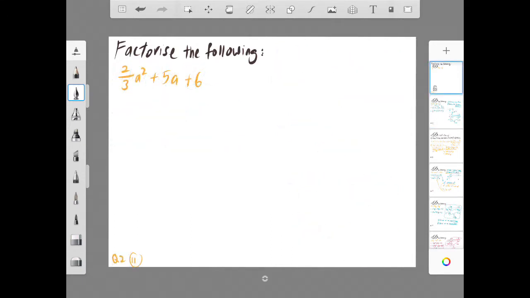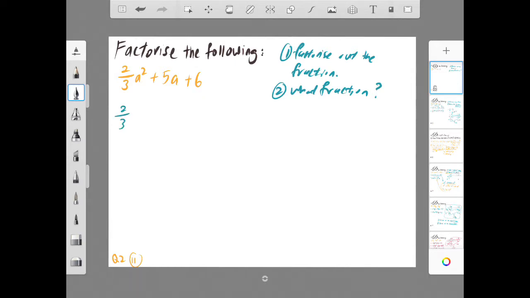Let us read the second question together. Factorize the following: 2/3 a squared plus 5a plus 6. Take note, the coefficient of a squared is 2/3. So what we have to do is to factorize out the fraction first. But in this case, what fraction are we going to factorize out? Is it advisable to factorize out 2/3?